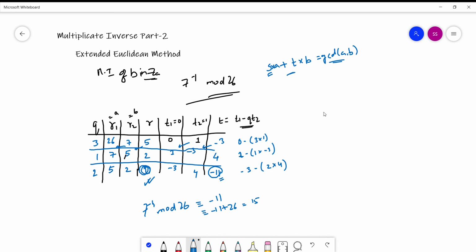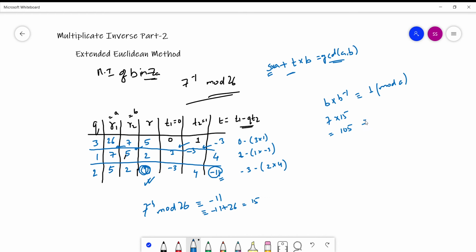Now we can verify this result. As per the equation, B times B inverse is congruent to 1 mod A. Here B is 7 and B inverse is 15, so we can write it as 105.